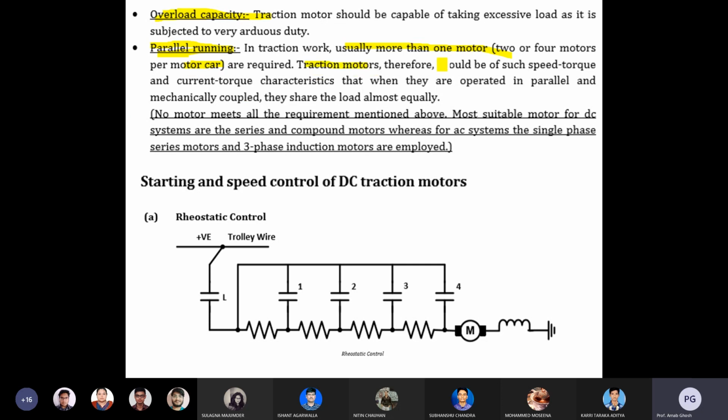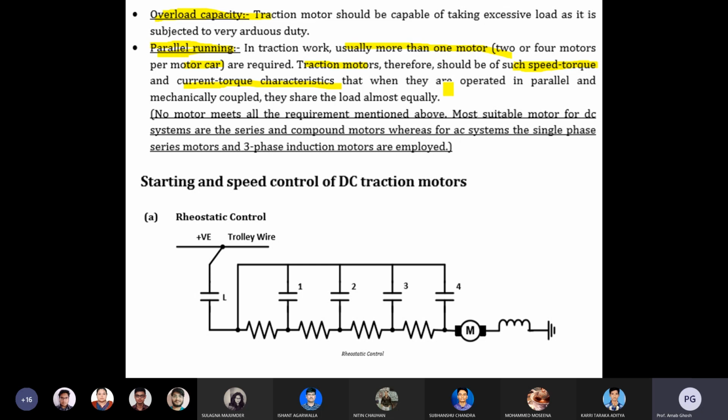The traction motors should have speed-torque and current-torque characteristics such that when they are operated in parallel and mechanically coupled, they share the load almost equally.